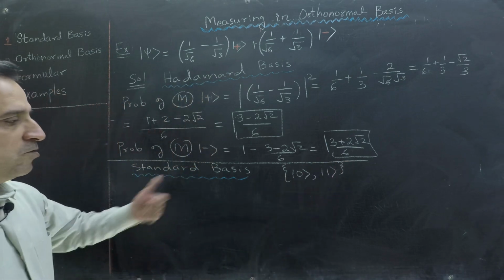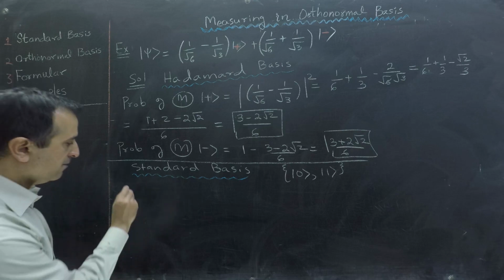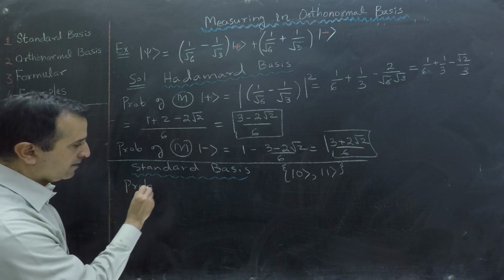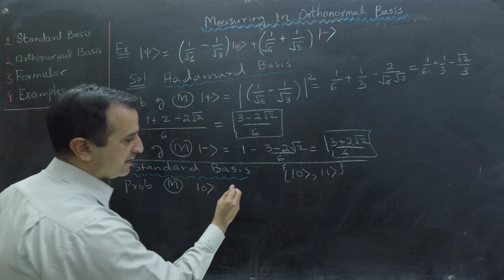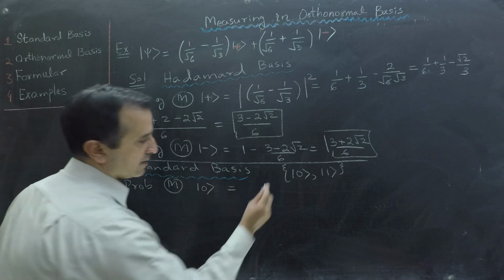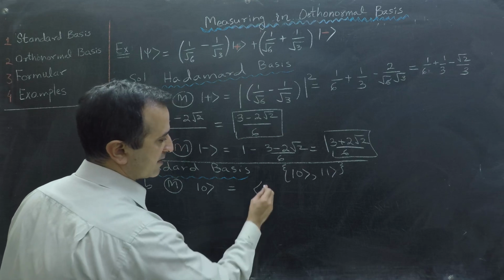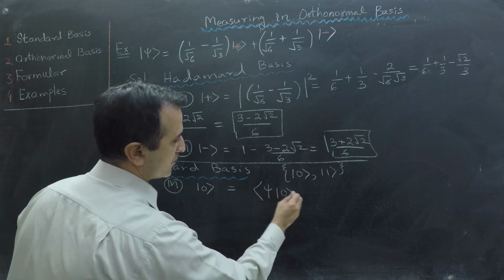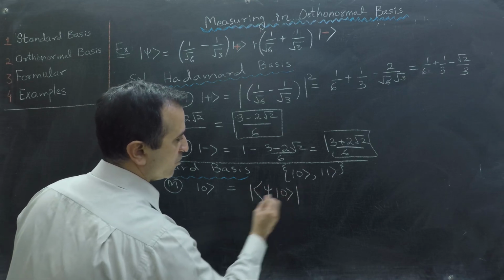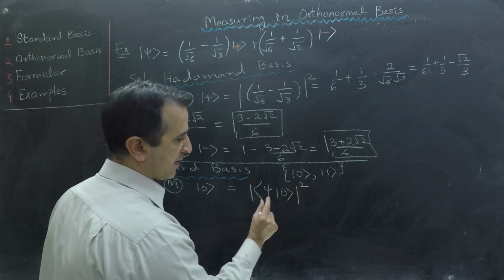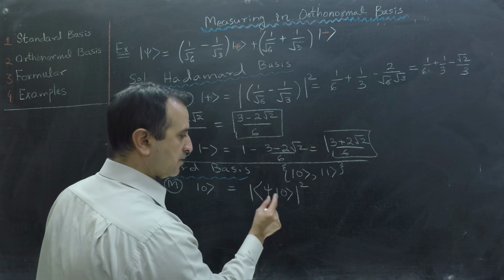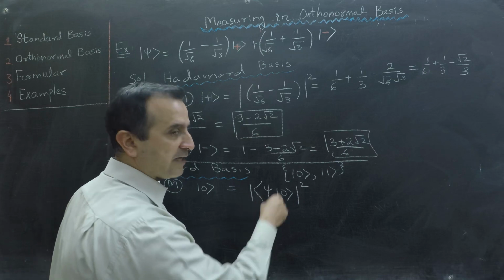So the probability of measuring ket 0 is equal to the dot product of ket psi with ket 0 and its whole square.